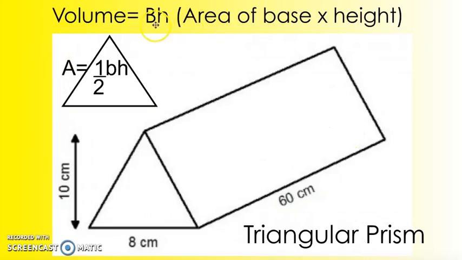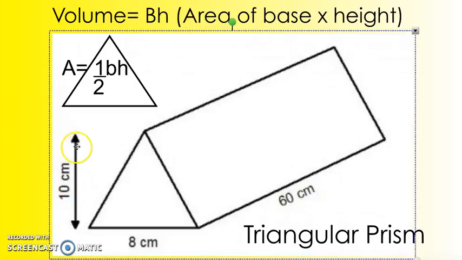So what we're going to do, remember, area of the base is first, then times the height of the whole figure. That means if I stand this prism upright, how tall would it be from base to base? Well, it would be 10 centimeters. Okay, so notice this 10 on the outside. Do you notice it's straight up and down?